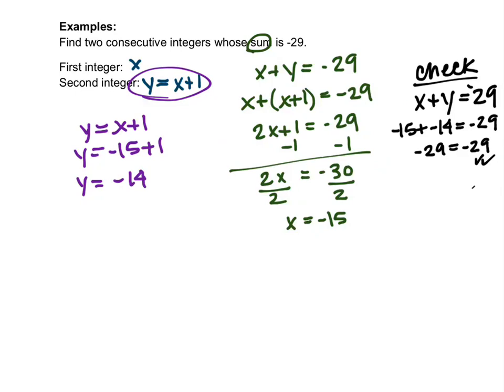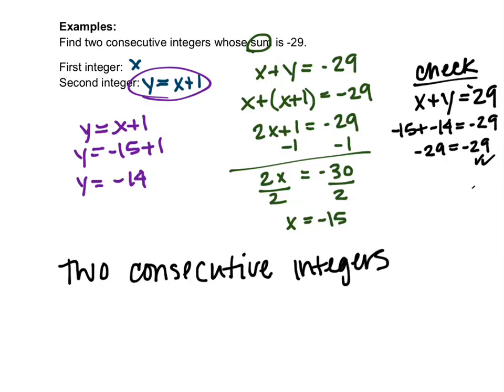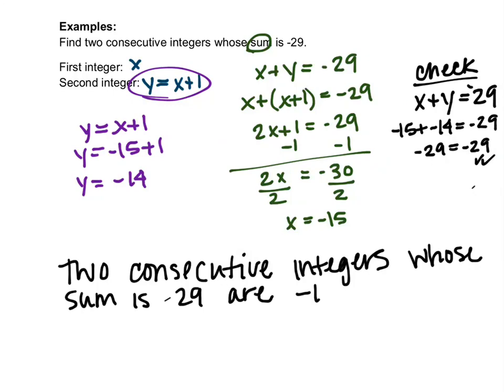So in a sentence, I'm going to write down that two consecutive integers whose sum is negative 29 are negative 15 and negative 14.